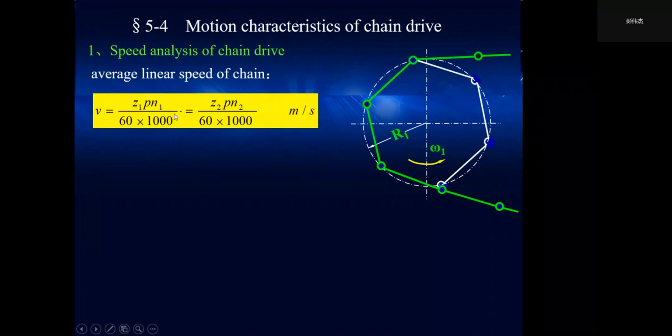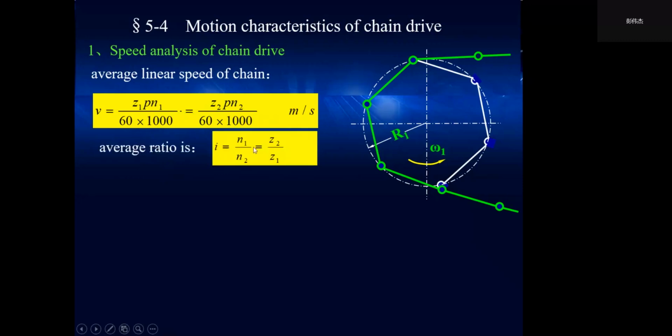So this is the average speed ratio, N1 over N2, and it's equal to Z2 divided by Z1. So the average speed ratio is determined by the numbers of teeth Z2 and Z1.